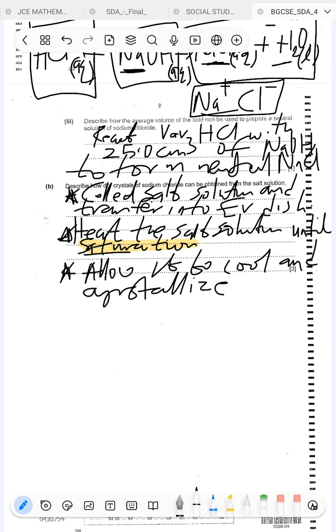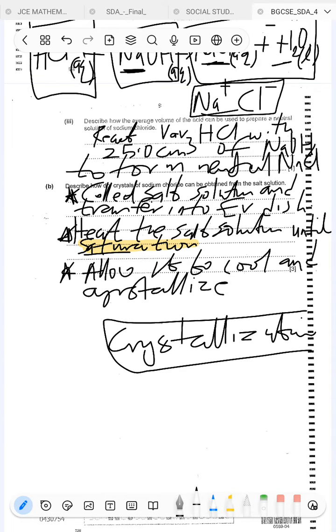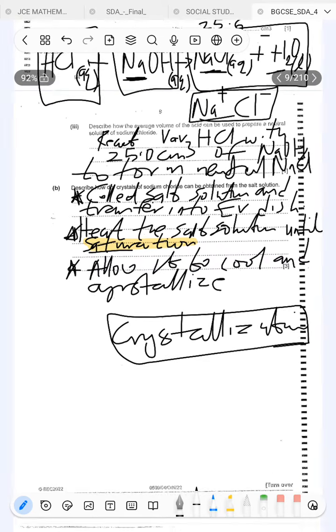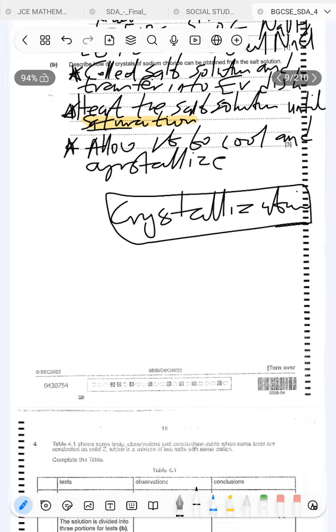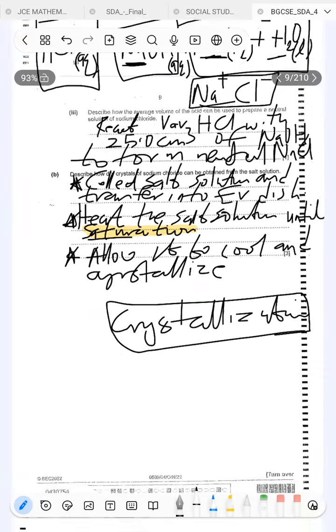So basically the last step here is allow for the process of crystallization to take place. Are we together? Yeah, so that is going to be the last step there. So 3 marks, 3 points.